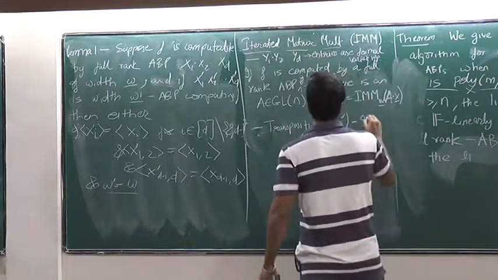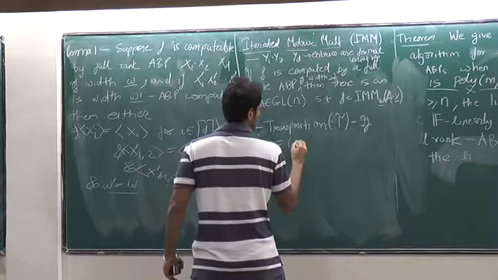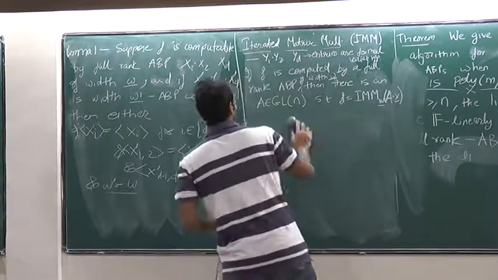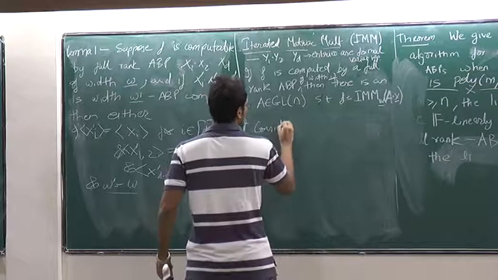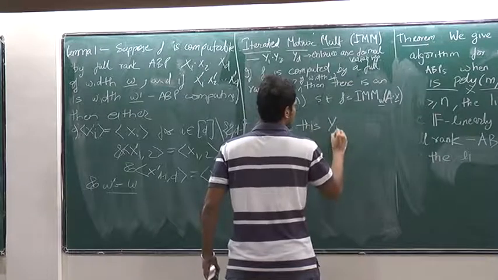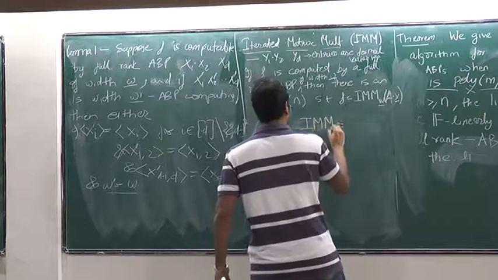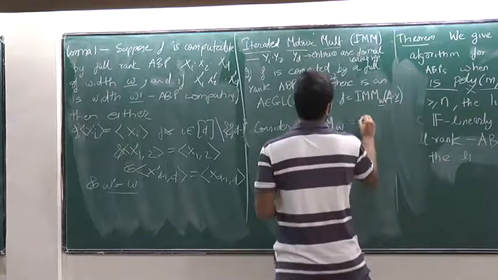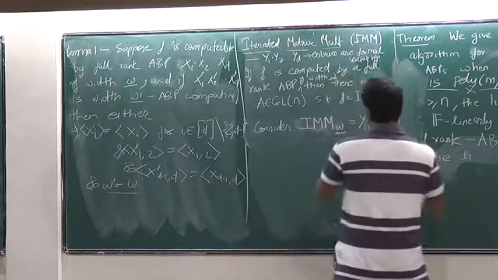Okay, I should probably state it more formally. Consider IMM_w, which is equal to y1, y2, ..., yd.